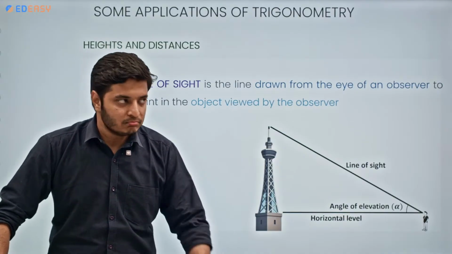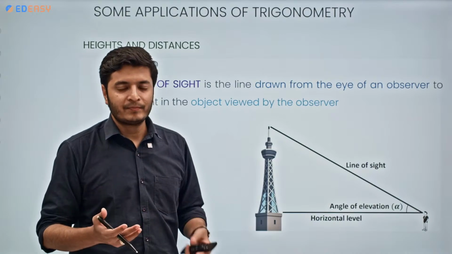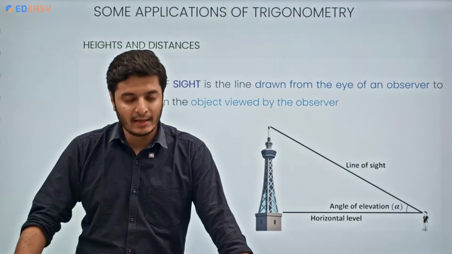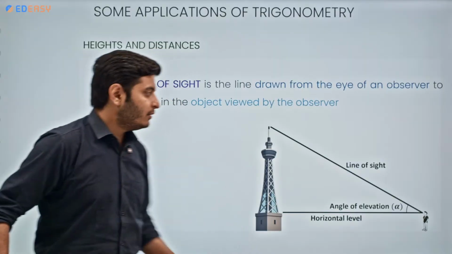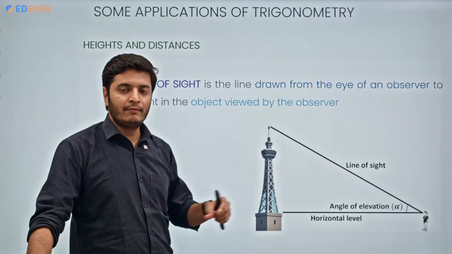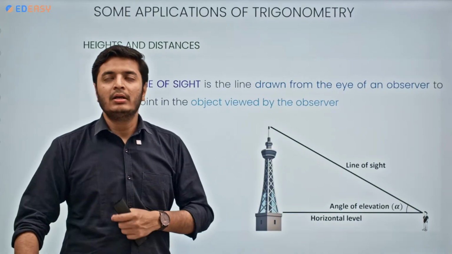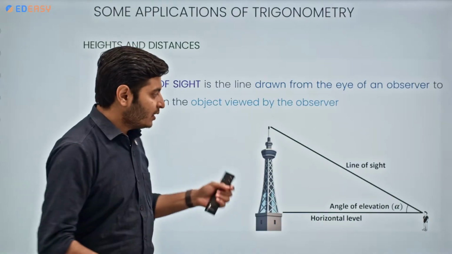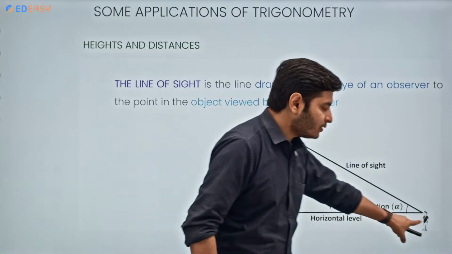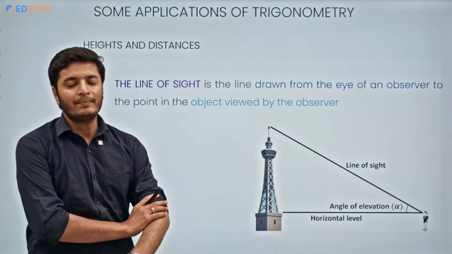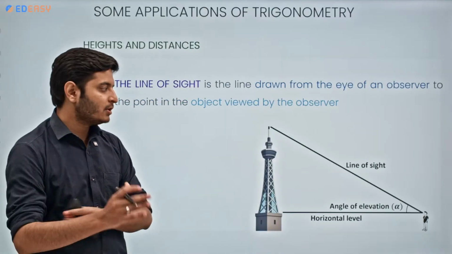To look at something, either we are going to head up or we are going to head down, correct? Whenever we are looking at something which has more height than us, then we head up, correct? So suppose this is the observer. If someone is looking at the top of the tower, then that person is known as the observer.